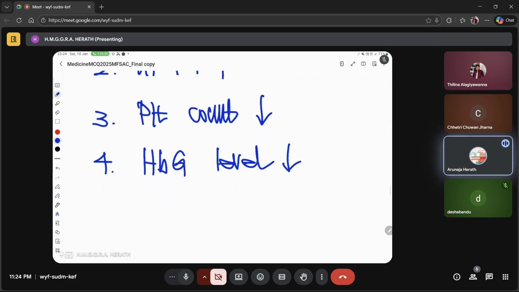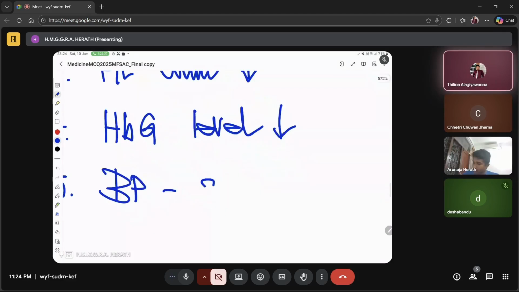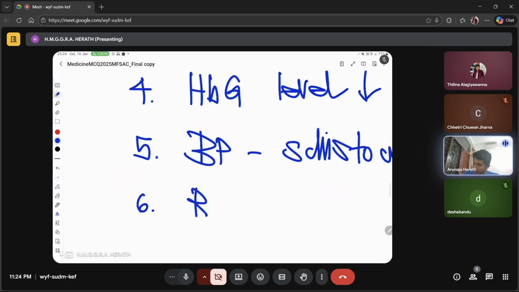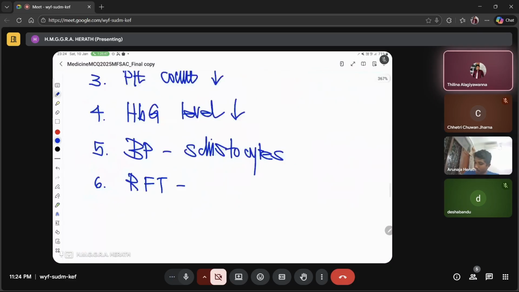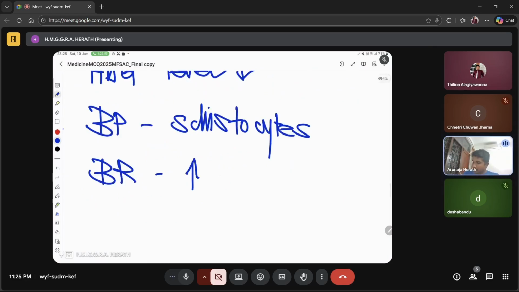What will happen to the blood picture? Schistocytes. And what will happen to the liver functions? Not renal functions, we'll say bilirubin levels. What type of bilirubin is increased? Indirect bilirubin levels is increased.